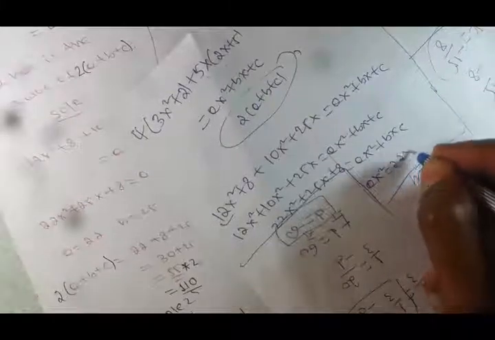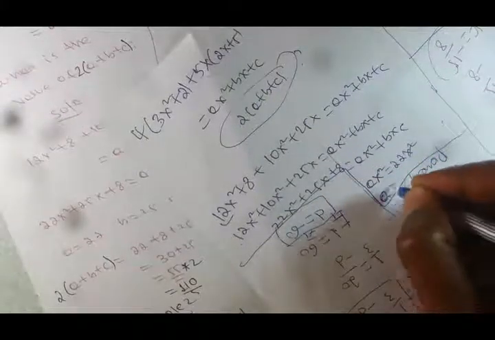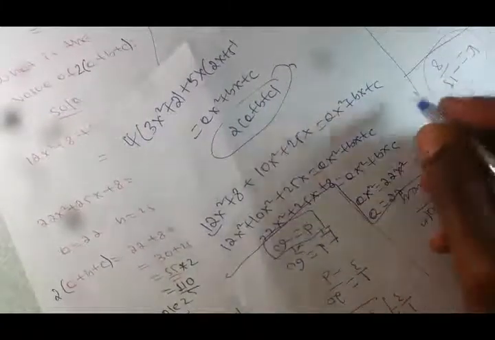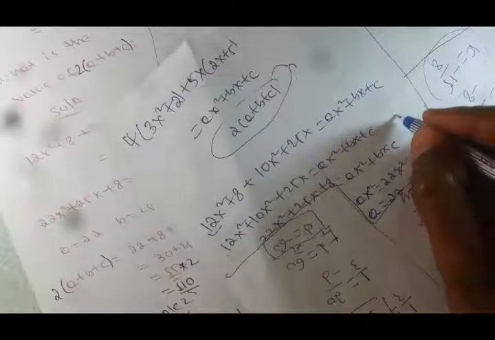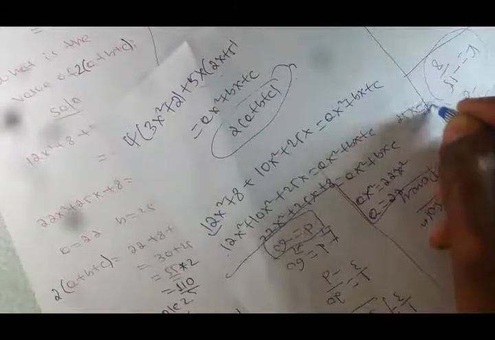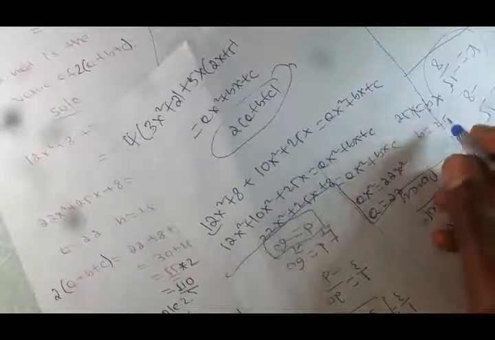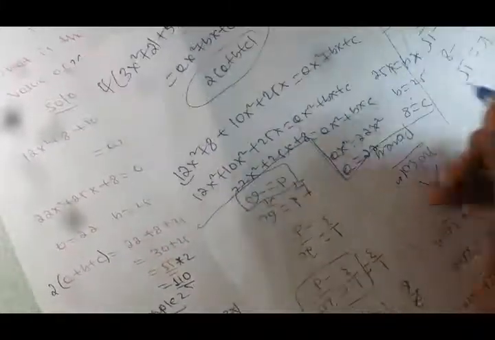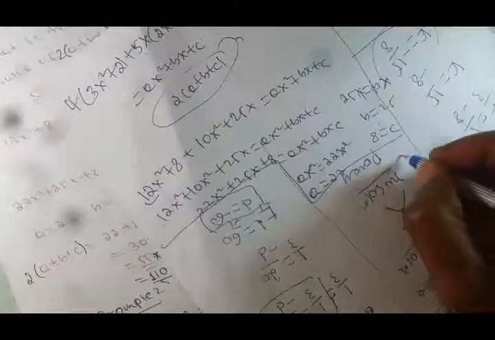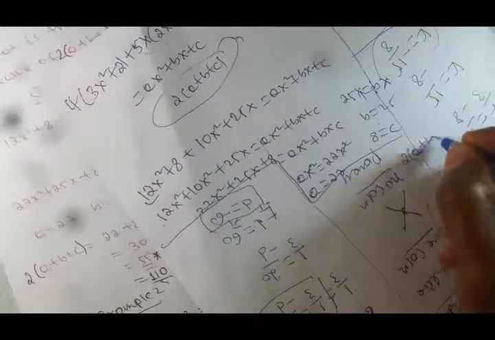Therefore ax square must be equal to 22x square, so the value of a will be 22, and 25x must be equal to bx. Therefore the value of b is 25, and 8 must be equal to c. And we are asked to find the value of 2 times a plus b plus c.